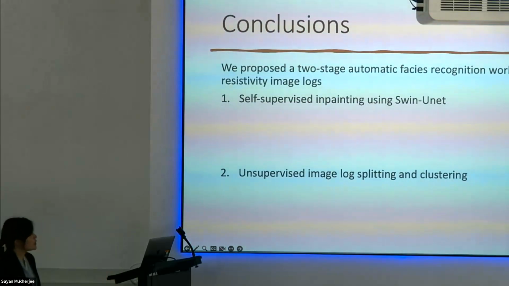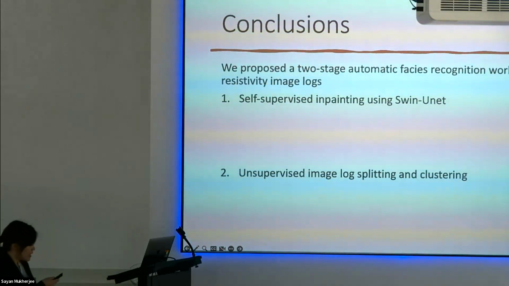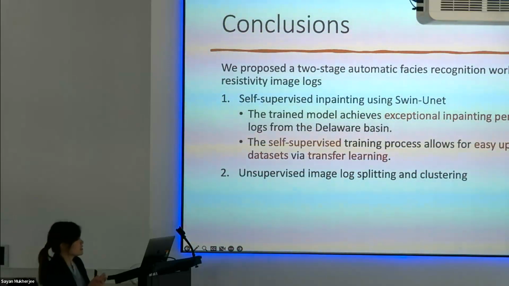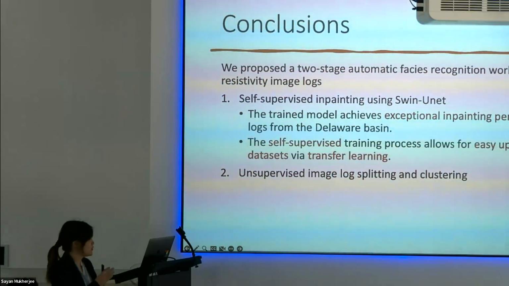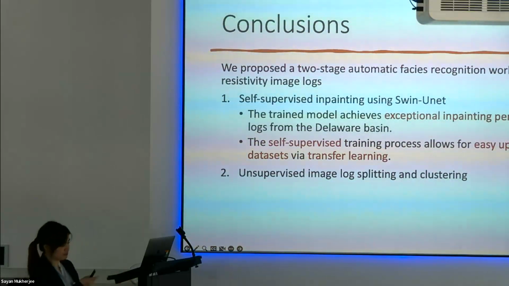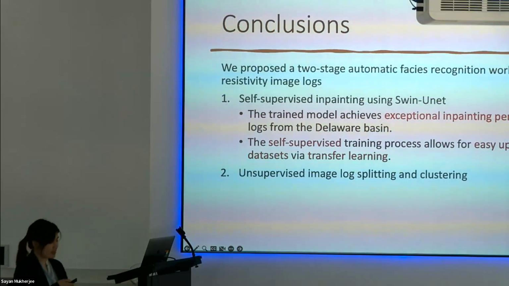To conclude, we propose a two-stage automatic facies recognition workflow for micro-resistivity image logs. The first step is self-supervised inpainting using Swin UNet. The trained model achieves exceptional inpainting performance for image logs from the Delaware Basin. This self-supervised training process allows us to easily update the model to other datasets by transfer learning. The second step is unsupervised image log splitting and clustering.